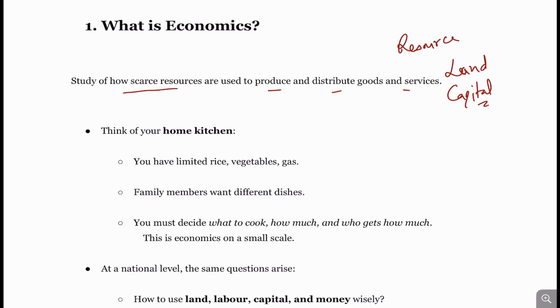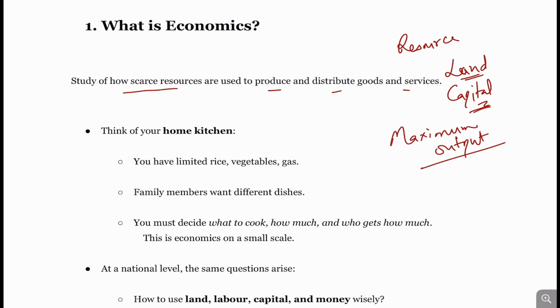So how to use this limited resource to get the maximum output out of it? We need to gain the maximum utilization, maximum value out of the limited resources. And what are the different measures that we can take in order to maximize the output? This is the study of economics, right?